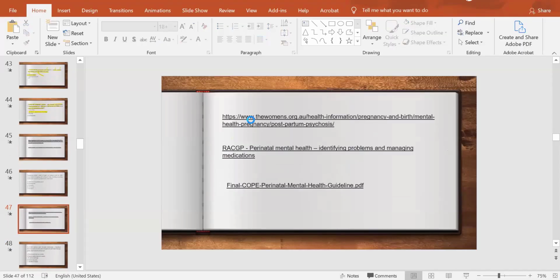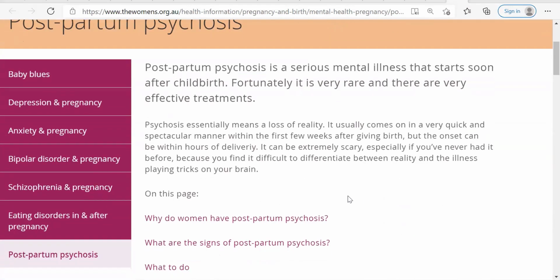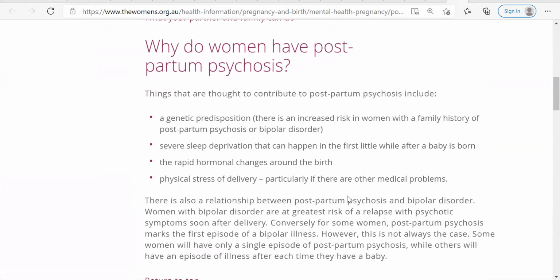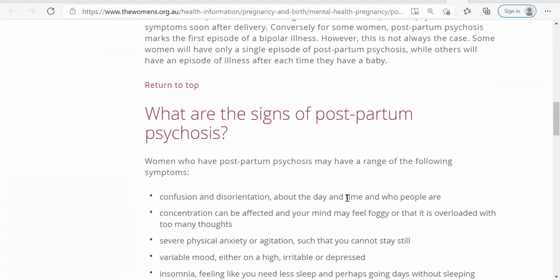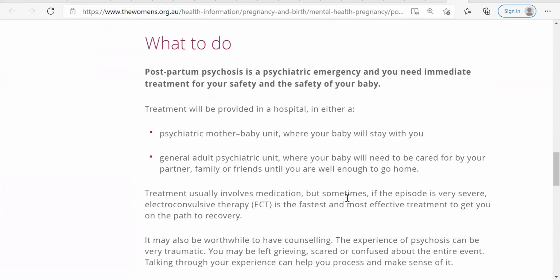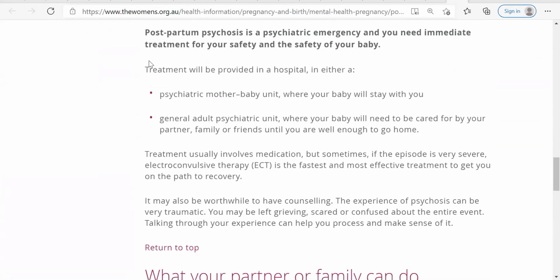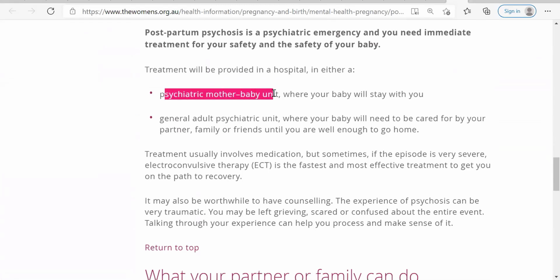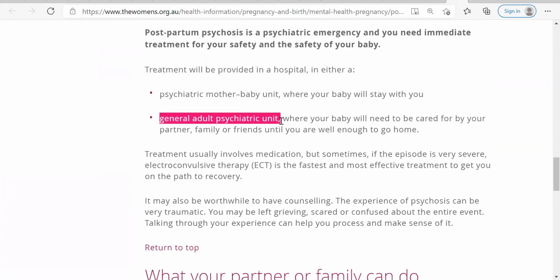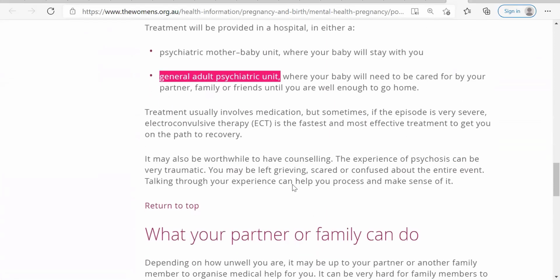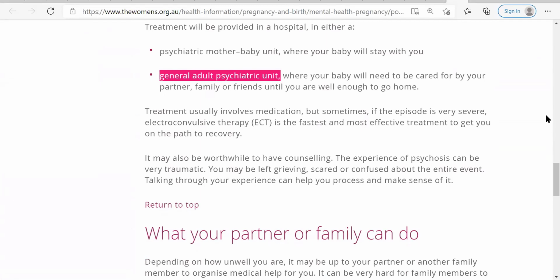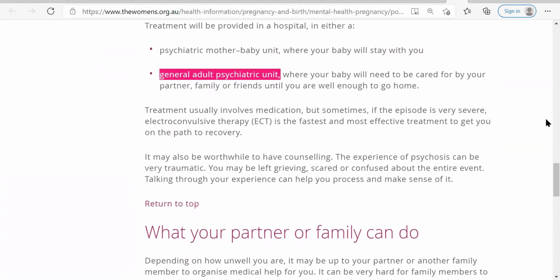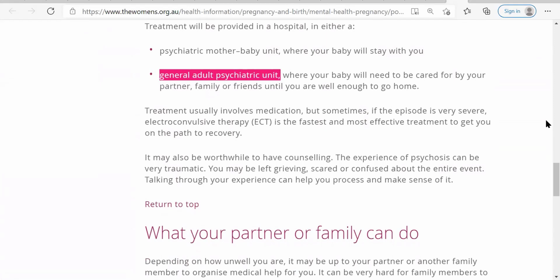So let's see something from here. Treatment will be provided in a hospital in either a psychiatric mother baby unit or general adult psychiatric unit. Usually you will start with medication like olanzapine, like any other antipsychotic, but many times that doesn't help, then you need to go for the ECT.